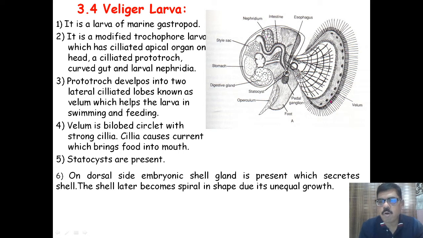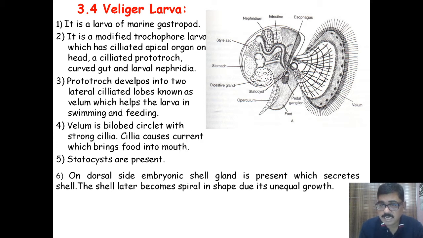The prototroch has cilia that develop into two lateral lobes, and these two lateral lobes are called the velum. These cilia are the organs which help this larva for swimming and feeding.